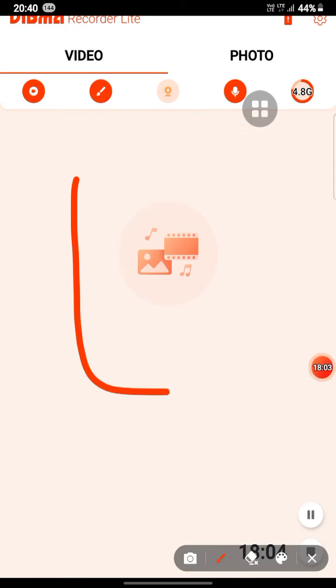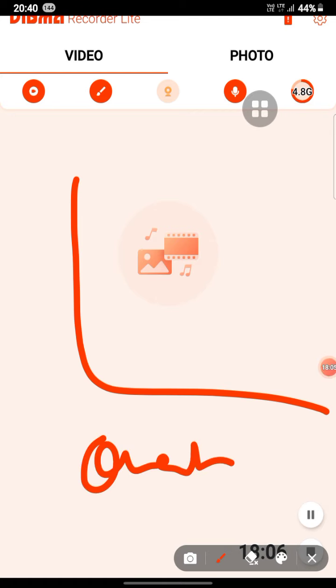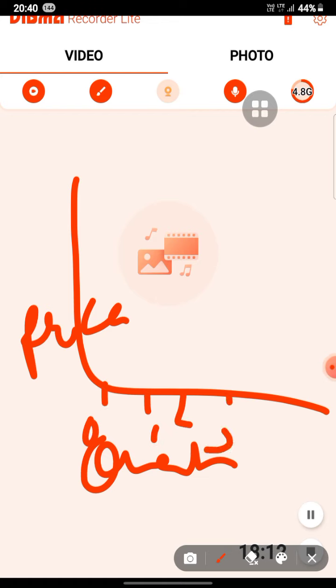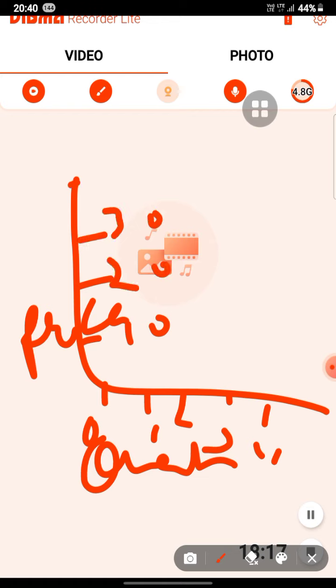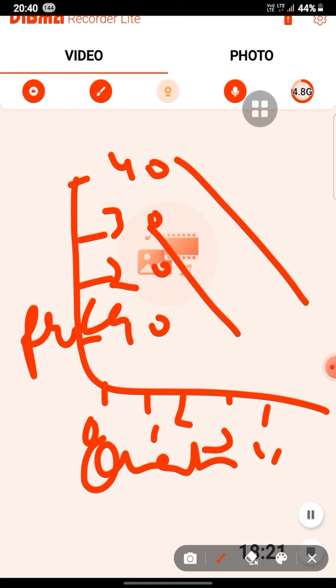So this is 0, 1, 2, 3 and 4, and this is 10, 20, 30 and 40. Okay, so how is this working? First, second and third. This one is D3, this one is D1 and this one is D2.